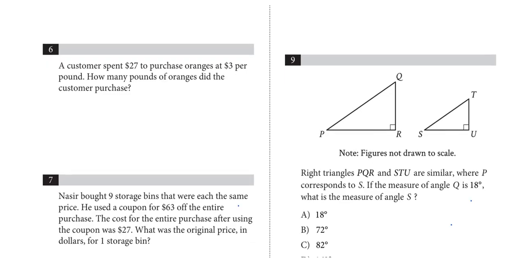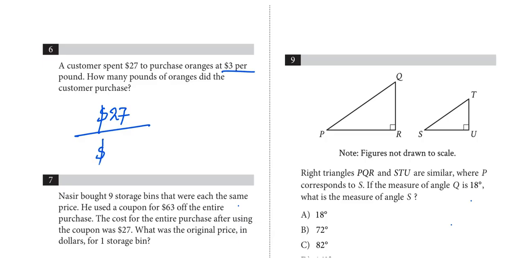Question 6. A customer spent $27 to purchase oranges at $3 per pound. How many pounds of oranges did the customer purchase? To solve this problem, we simply need to divide $27 by the rate, which is $3 per pound.